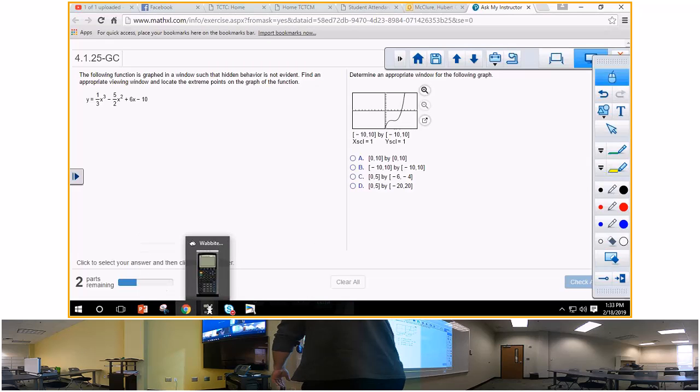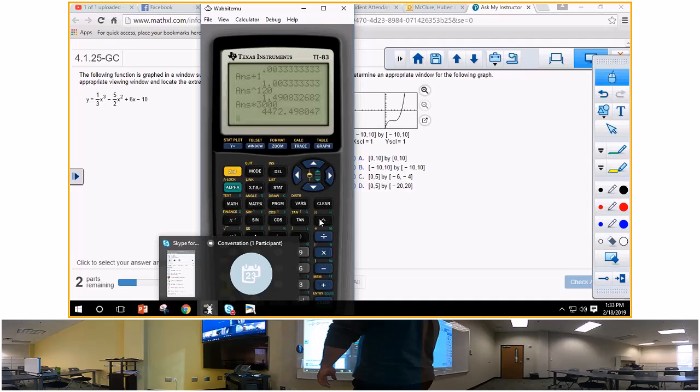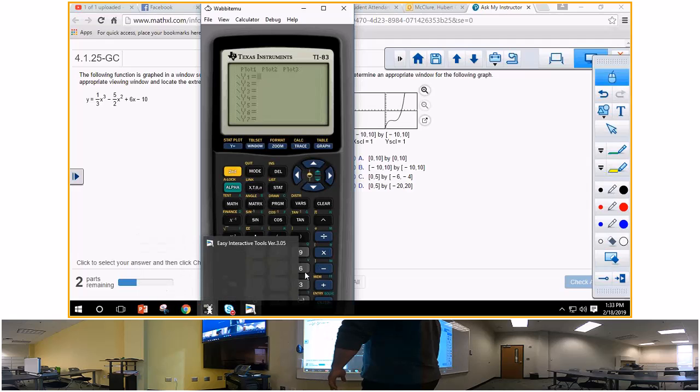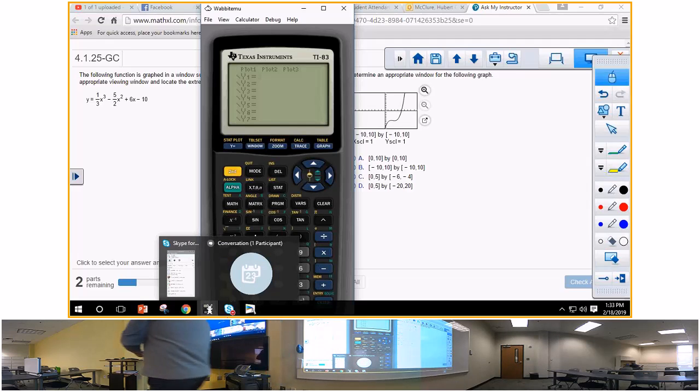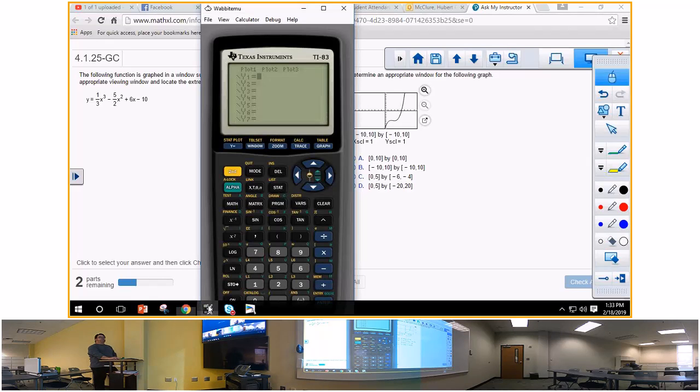I'm going to turn it on, hit clear, and hit y equals.